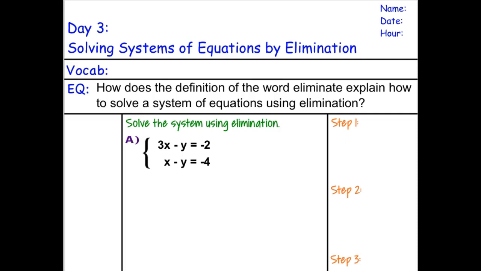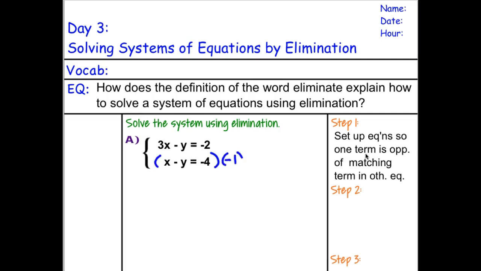So the first step when solving by elimination is to set up the equations so one term is opposite of the matching term in the other equation. What I mean by that, notice I've got a 3x and an x. That doesn't really work when I've got a negative y and a negative y. So I say, if I multiply this whole equation by -1, then I would end up having my 3x minus y equal to -2, and I would have negative x plus y equal to +4.